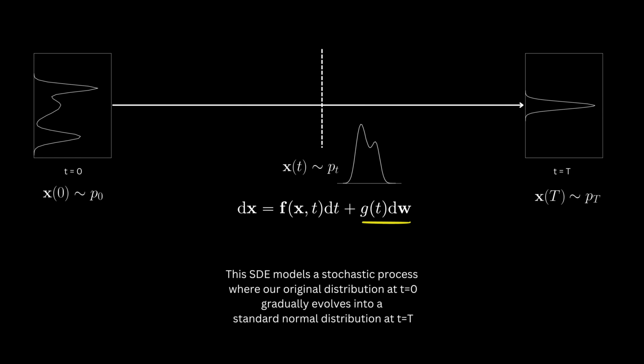The SDE above describes how xt evolves over time, capturing the relationship between all the xt random variables in the stochastic process, and describing how xt changes with a small time step dt.